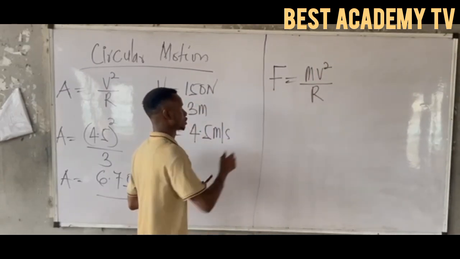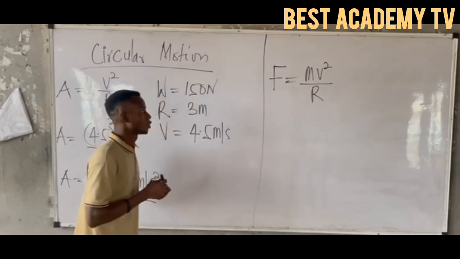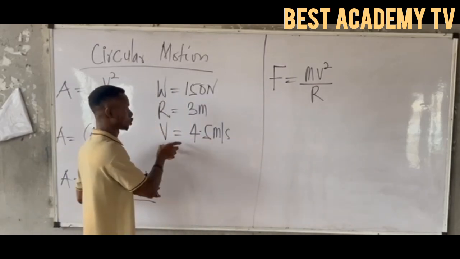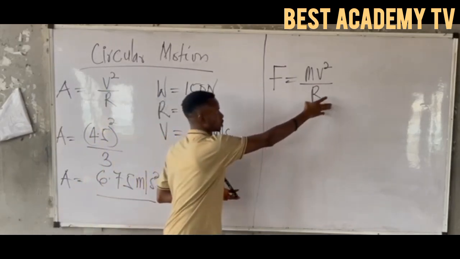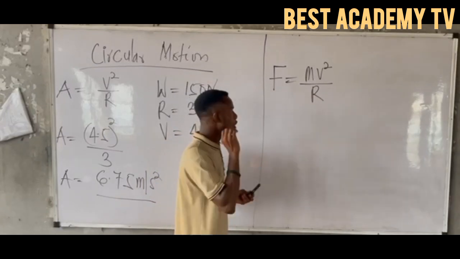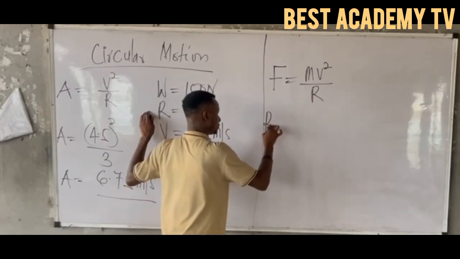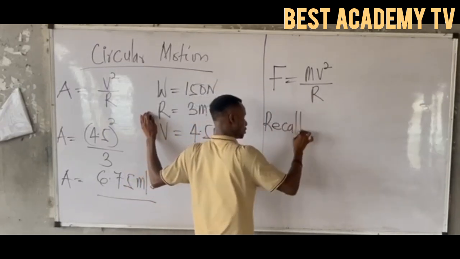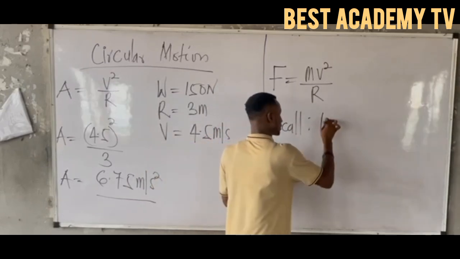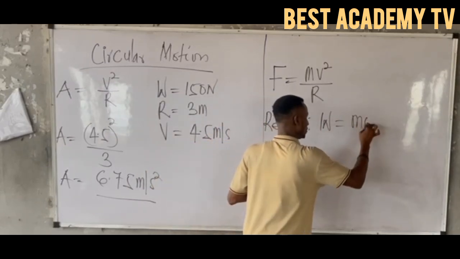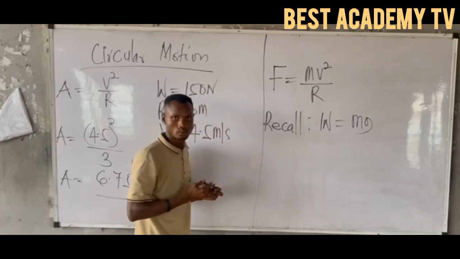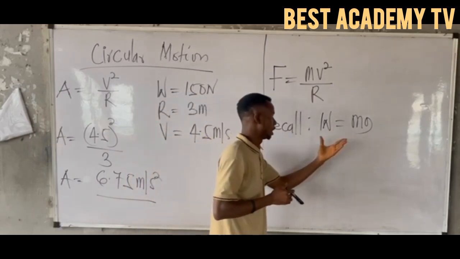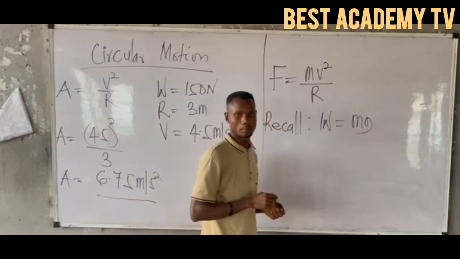Our mass is not given to us, but our velocity and radius are. Where can we get mass? But remember that weight is equal to mg.